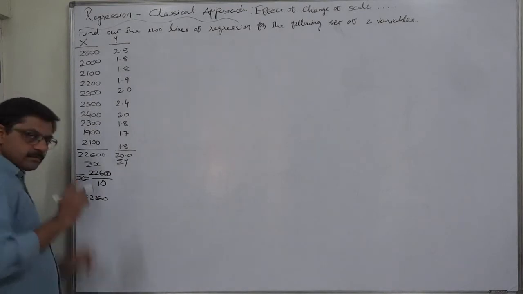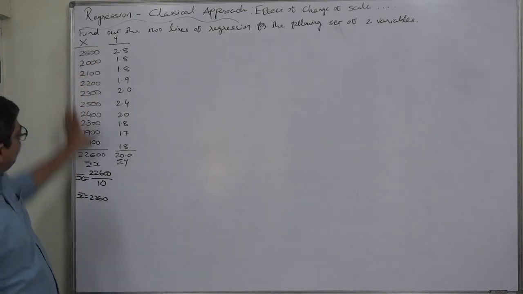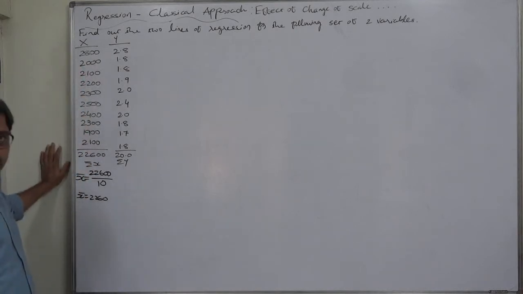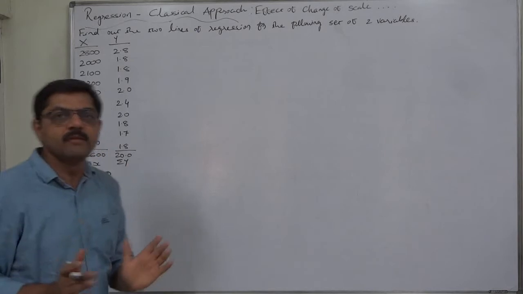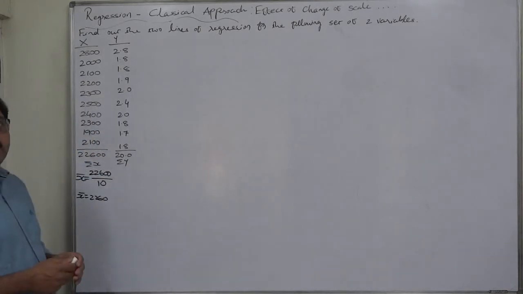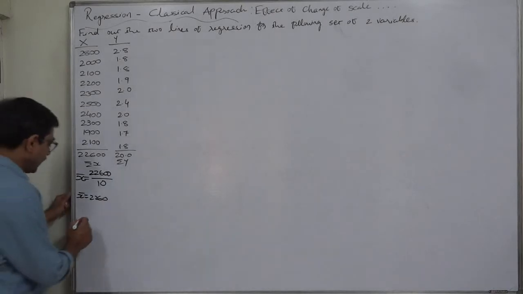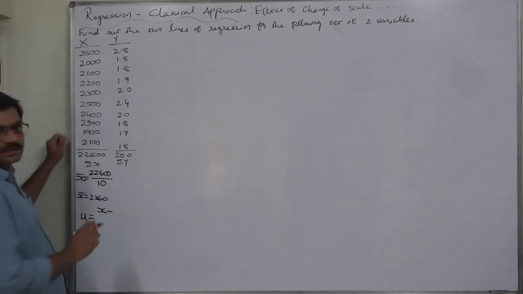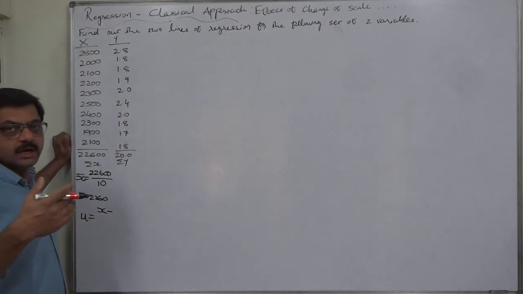One more thing, since the common factor is 100, it is advisable to divide all these values by 100 so that the minimum possible values of x will be available. Now there will be nothing like x, but we are going to create a new variable u by subtracting a value in hundreds. That is called the assumed mean.